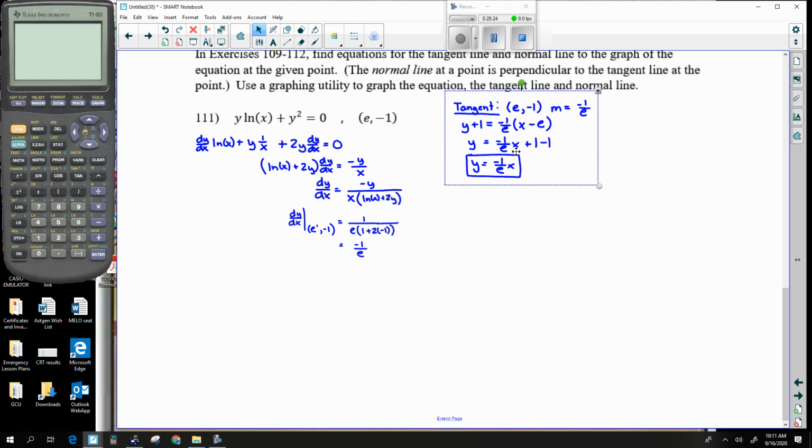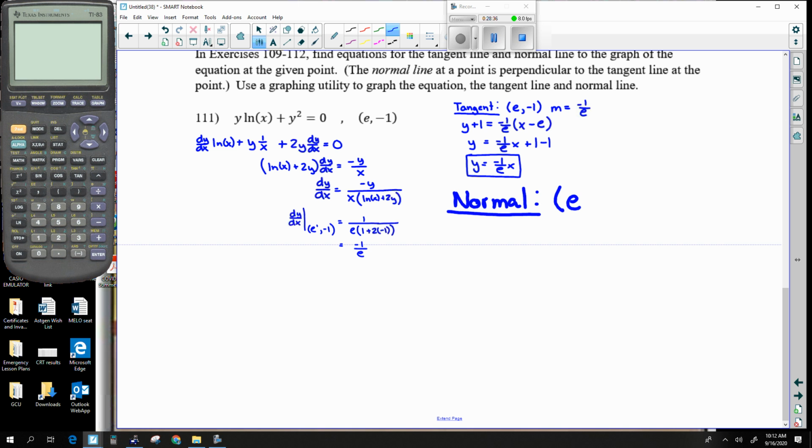And then recall that the normal line is the line perpendicular. So the slope is an opposite reciprocal. So the normal line still has a point of e to the first power, negative 1, but this time it's an opposite reciprocal. So it's a positive e over 1, so a positive e to the first power.